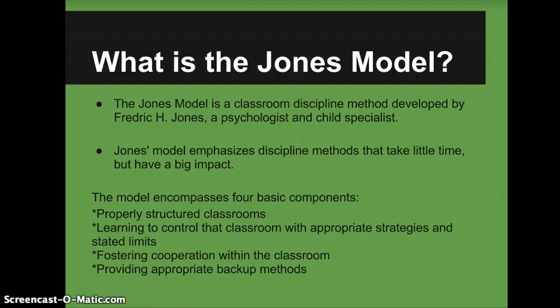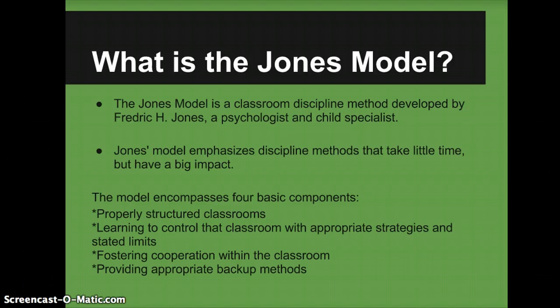So this model encompasses four basic components, as we have written here. Properly structured classrooms. A big part of the Jones model has to do with how students are sitting in their desks, how you are going to be able to move around and interact with your students, as well as rules and restrictions and routines.